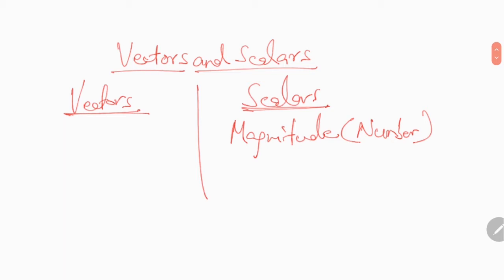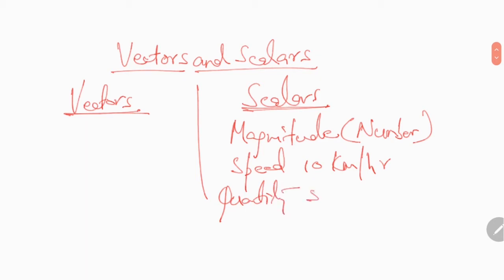Now, if I tell you the speed is 10 kilometers per hour, or I say the quantity is 5 liters, or I say the distance is 2 kilometers.